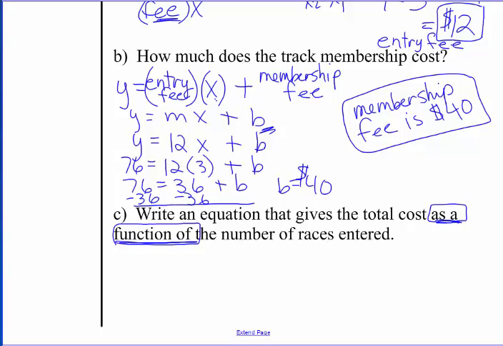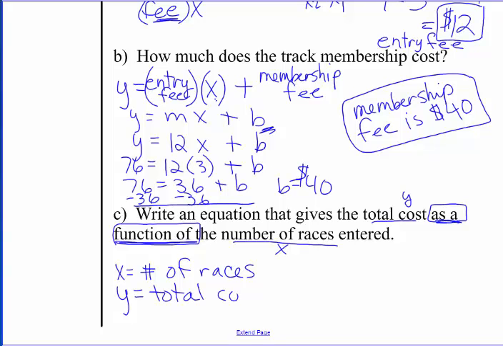Anytime you see that phrase, as a function of, whatever is in front is your y variable, and whatever comes after is your x variable. So we can define our variables. X equals number of races, and y equals total cost.